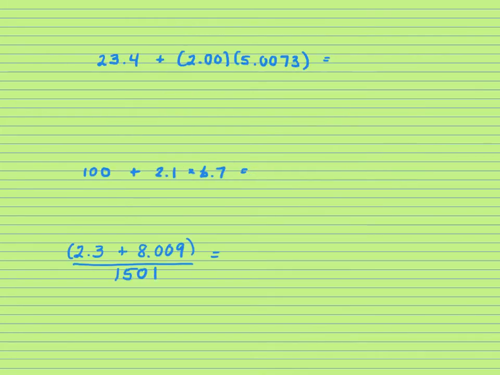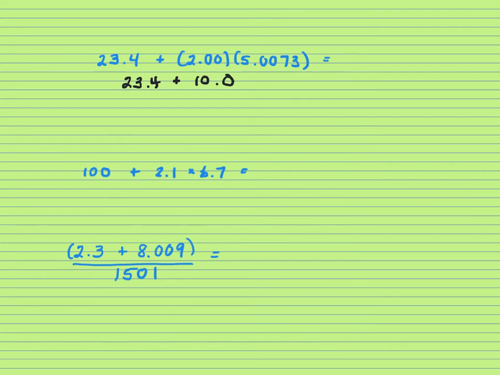What if we have a combination of both multiplication and addition, or division and addition? So we're going to have to take it one piece at a time. So for instance, I would look at this and I would say it's 23.4 plus, I'm going to multiply this out, okay, and I'm going to round it off.